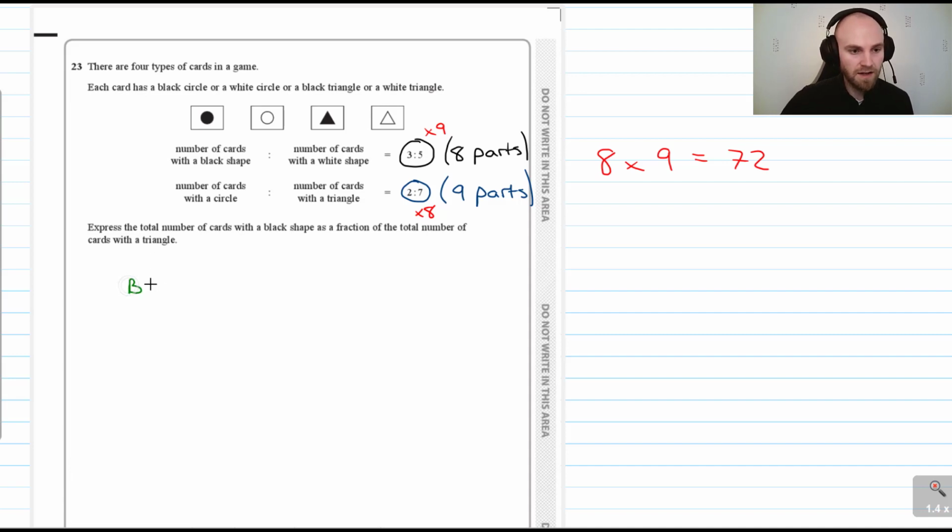So we have black to white. At the moment it is 3 to 5. So I'm going to multiply by 9. Well, 3 by 9 is going to give me 27. 5 by 9 is going to give me 45.